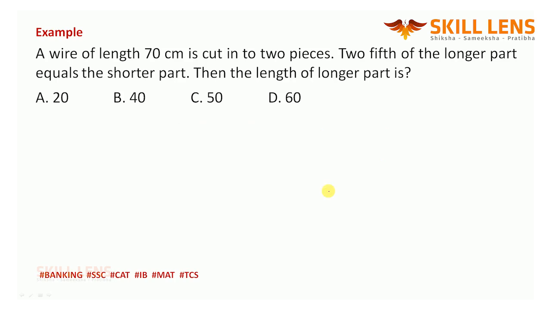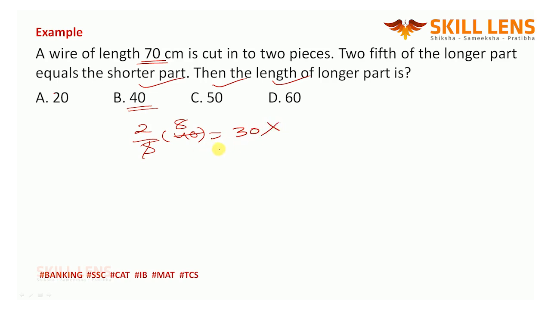What is the fourth way? Option verification. When the total is 70, definitely the longer part has to be more than half. So there are 3 options that are more than half. Let's check it out. If the longer part is 40, the shorter part has to be 30. 2/5 of 40: 2 times 8 is 16.